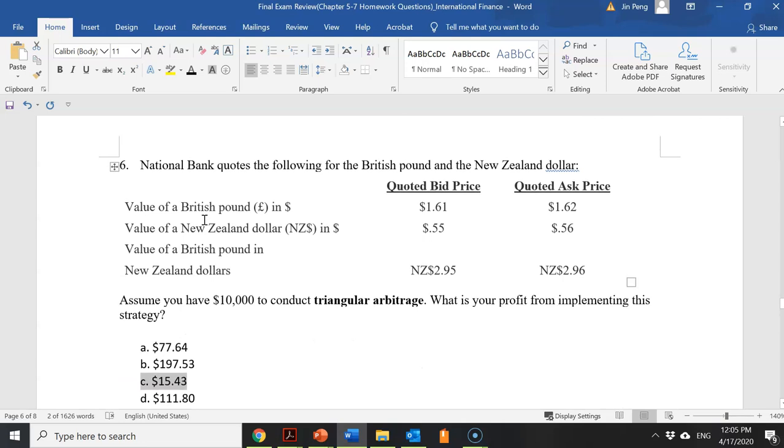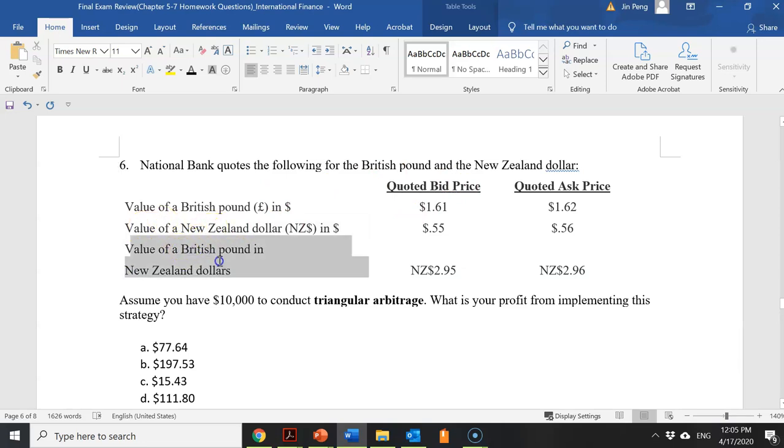Okay, this is a very typical question for triangular arbitrage. We use the second and third row here to get new ask and bid prices for exchanging British pound into US dollar and compare it to the first row original price. And we try to buy at the lower price, and sell at a higher price.